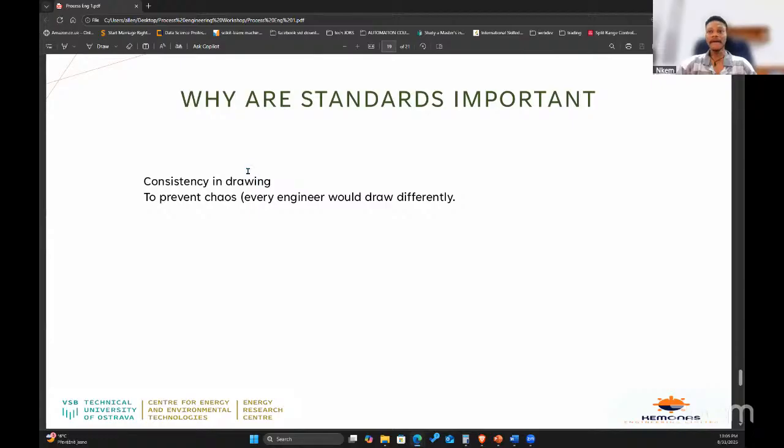You see a storage tank, you know that's a storage tank. Of course there are varieties of drawing for one particular equipment, but for each facility they choose which one they are going to follow, and they maintain it and remain consistent with that.